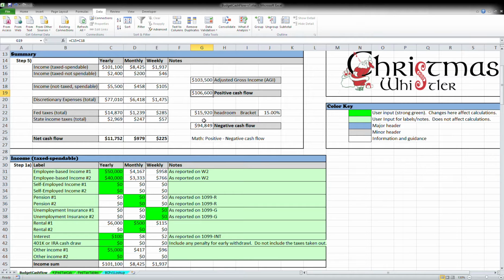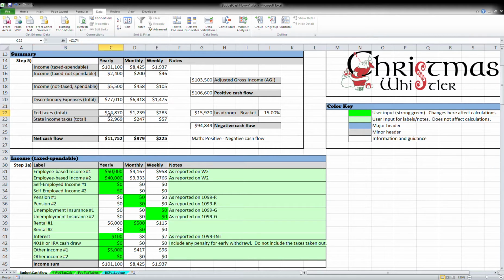That gives us enough information now to be able to say this is our positive cash flow that is coming into the family. We have this amount of discretionary expenses for this, and this will be including the tuition and mortgage and all the other things that are going out of the household. And like I said, in addition to your discretionary expenses, you have federal and state taxes.